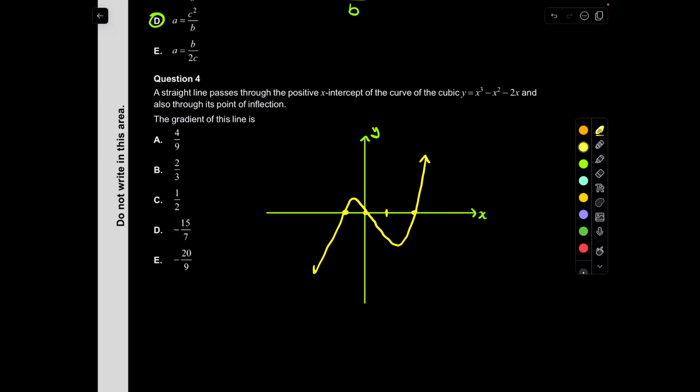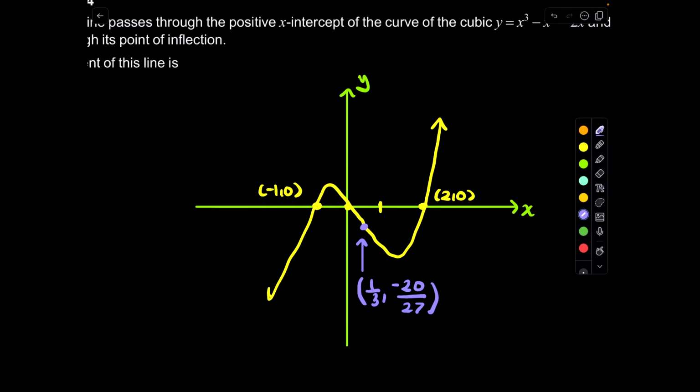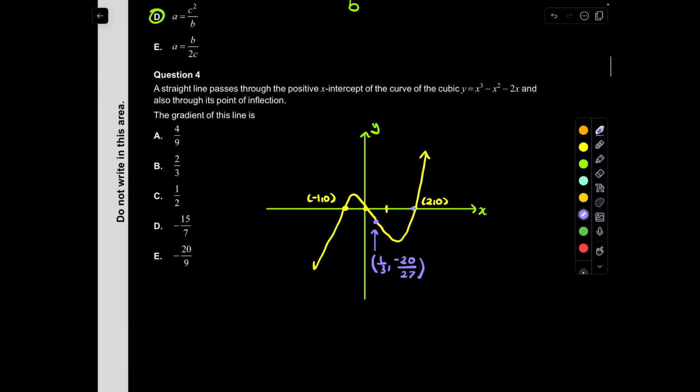There it is. This here is 2, 0. This one's 0, 0, and this here is -1, 0. And we found the point of inflection, which occurs around here, with coordinates 1/3, -20 over 27. Beautiful.